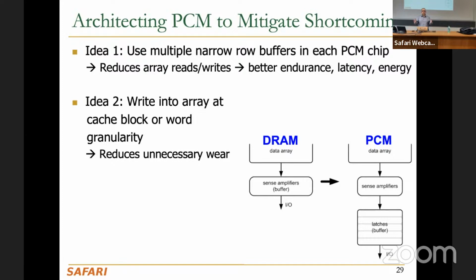Yeah, in PCM, we basically don't need a sense amplifier as big as the whole row. So you can just put the sense amplifier for a few blocks, whatever you care about at that moment. Yes, it can lead to less row buffer locality.